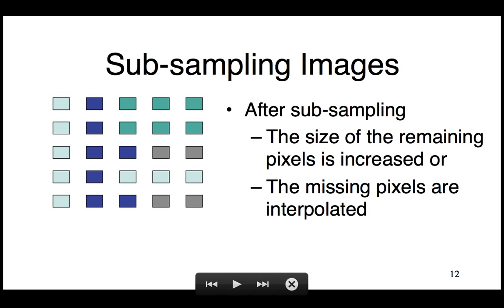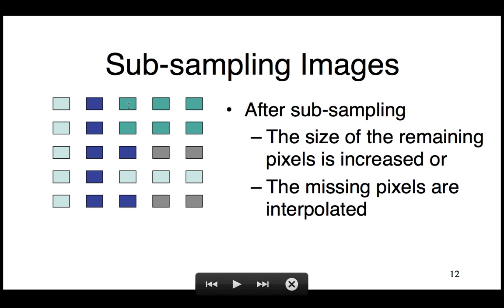Interpolation is a bit more sophisticated. You could imagine that if we see that this pixel here is light blue and this pixel here is dark blue, well, we could speculate that the missing pixel would have been an in-between blue. Here, this pixel is dark blue, and here this pixel is dark green.